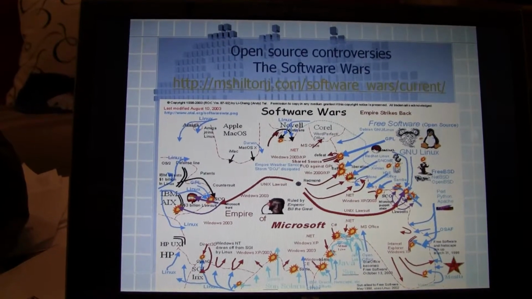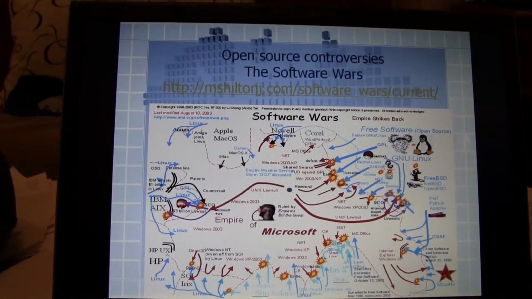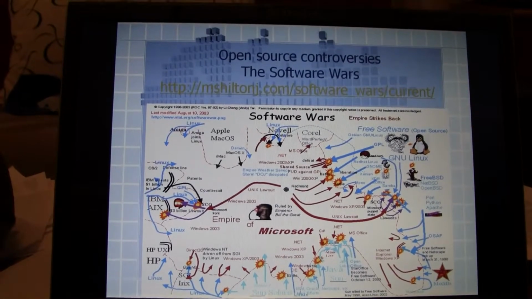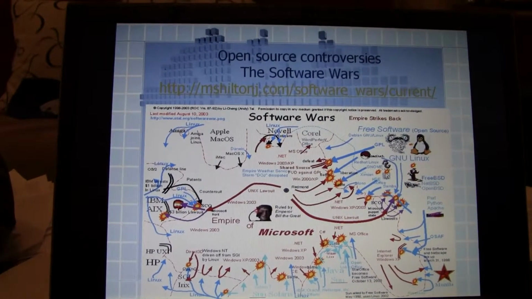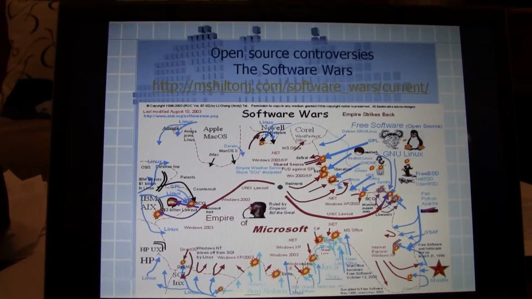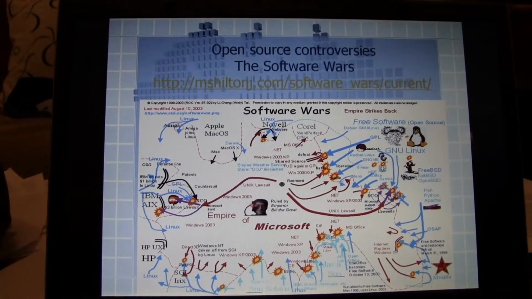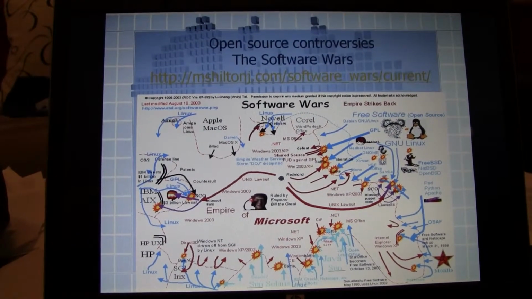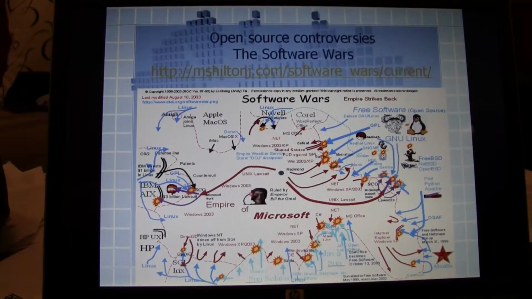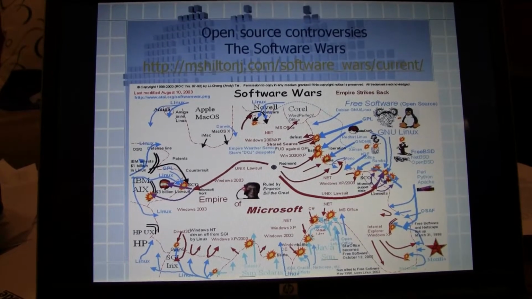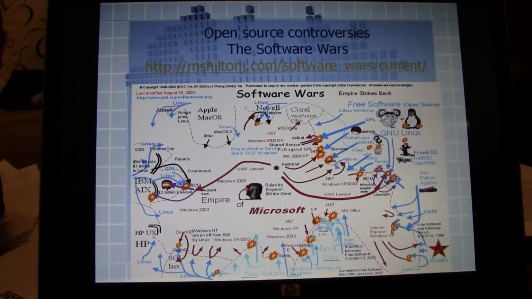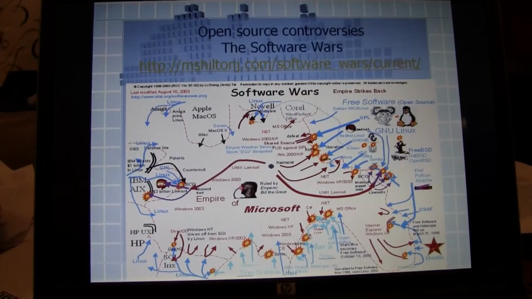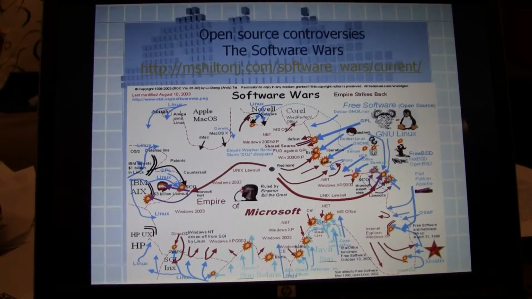I'm now introducing you to controversies and opportunities in open source technologies for higher education. What we have here is a graphic written by Andy Tai, depicting the software wars going on. It's humoristic, it's a cartoon, but it's very representative of what is really going on in the software industry.